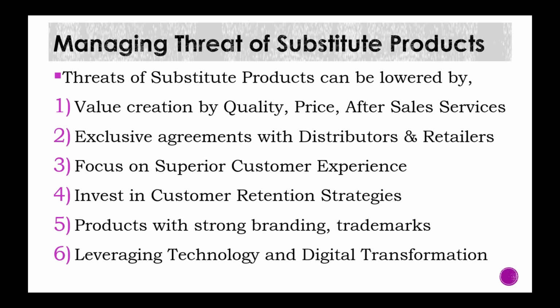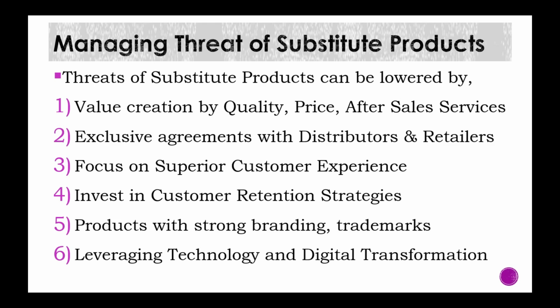How to manage the threat of substitute product? So to manage the threat of substitute product, companies should focus on more value creation by improvising product quality, lowering the prices of their product or by means of enhancing the after sales services. Companies can also create exclusive agreement with the distributors and retailers to protect products being substituted.